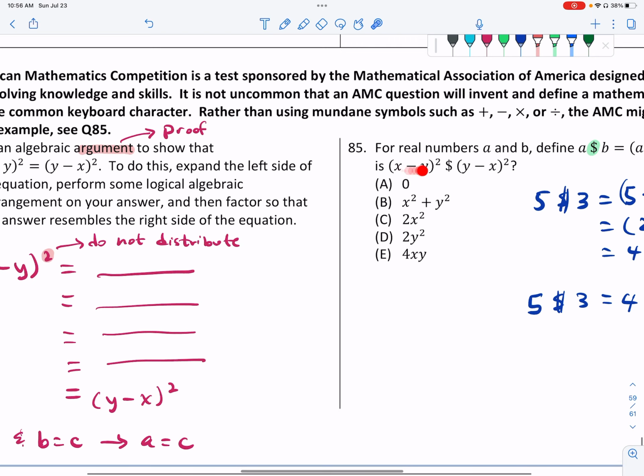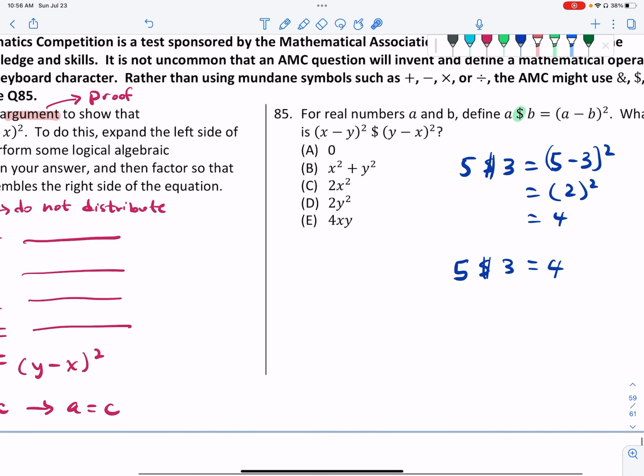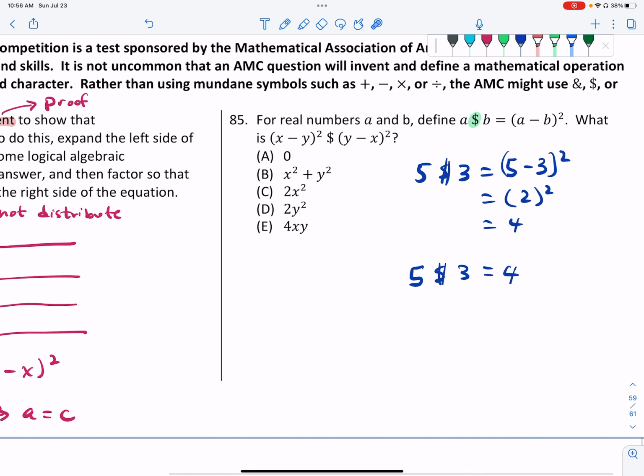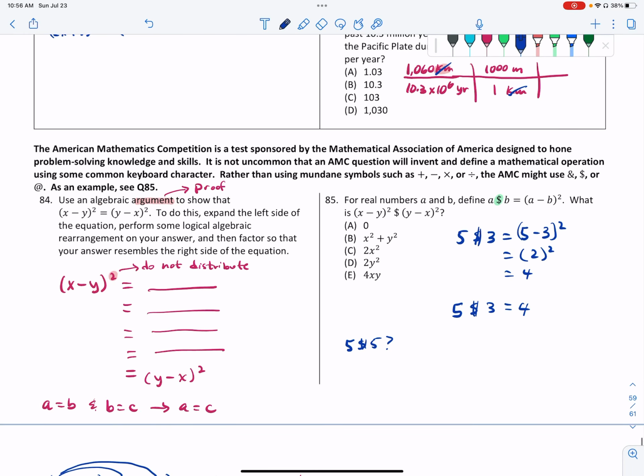In other words, these two things are supposed to be equal to each other. So I'm wondering, what would you get? Remember that these two things are equal. What would you get if you did the $ operation? Anyway, think about those things whenever you're doing these last two problems, questions 84 and 85, and then I'm going to see you on the first day of school.